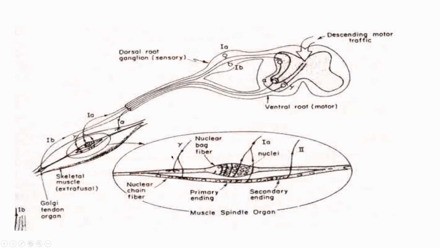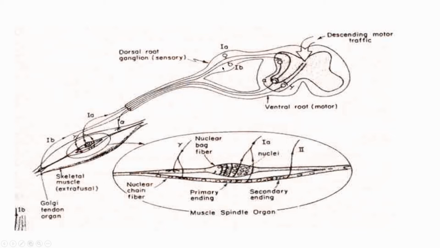Okay. Now, let us look at this picture again. You can see that this is a gamma drive coming up. Okay. That is to the end of the nuclear bag and nuclear chain, and this is a 1A afferent. There is also the dorsal root ganglion which is over here.